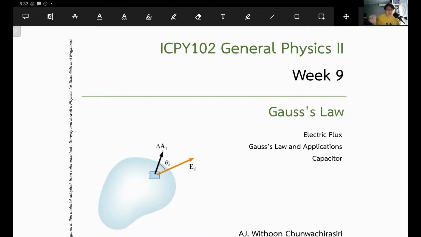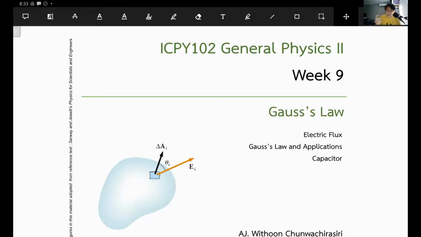It makes sense because if you have a huge amount of charge, the electric field coming out of it will be very strong, right? And if you have a tiny charge, then the electric field around it will be weak. So there is a relationship linked directly between the strength of the field and the amount of charge in it. Okay, sounds good.